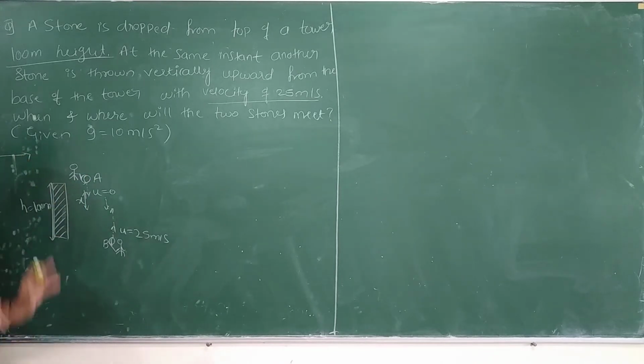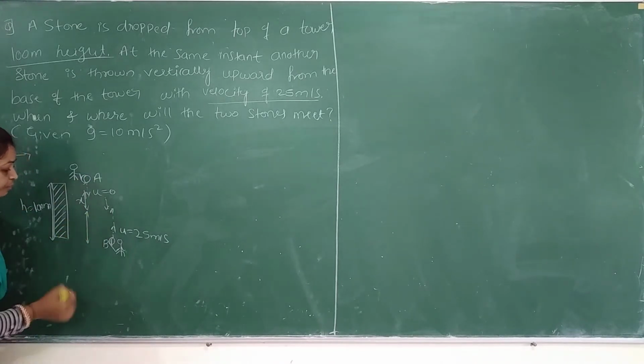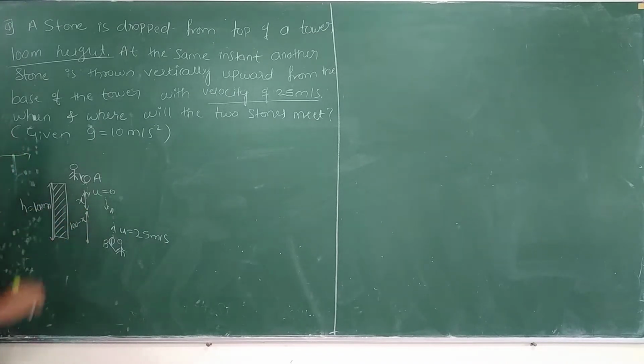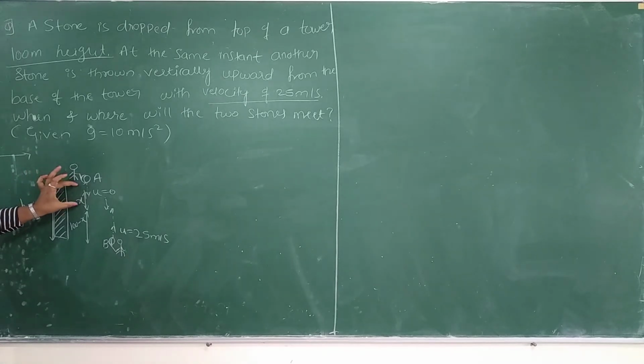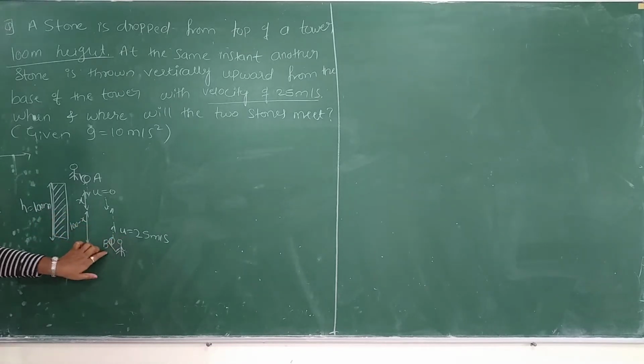Let us take it as x. And the distance covered by stone B, from here to here, let us take it as 100 minus x, because the total tower length is 100 and stone A covered distance x, so for this distance you have to do total distance minus this distance. You will get the distance covered by stone B.